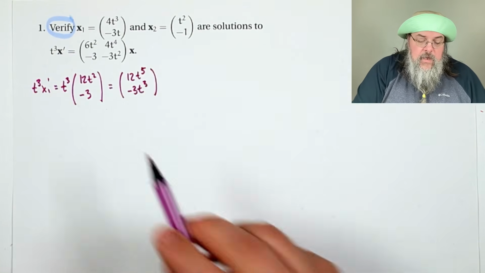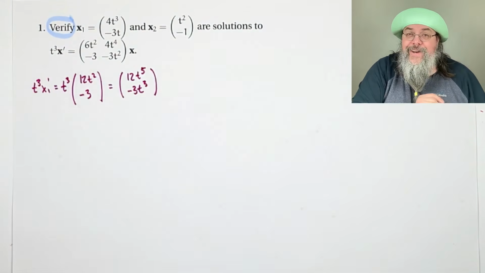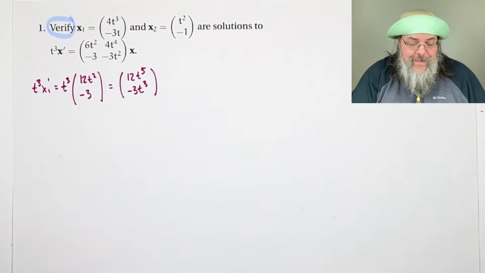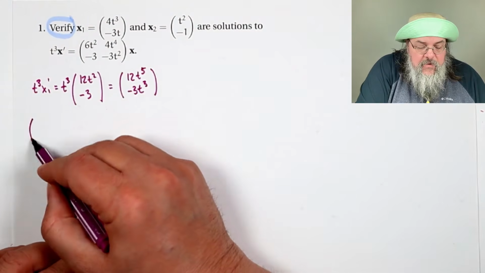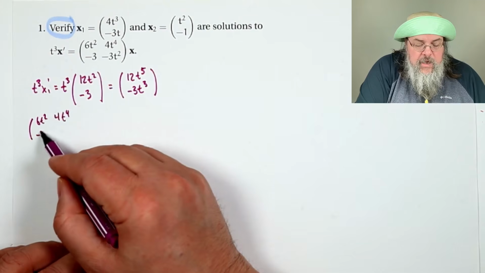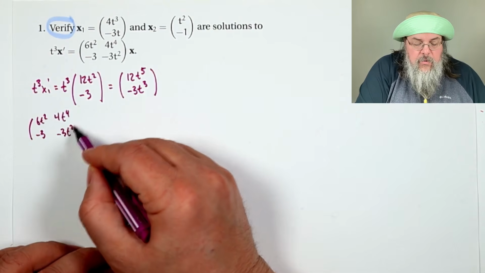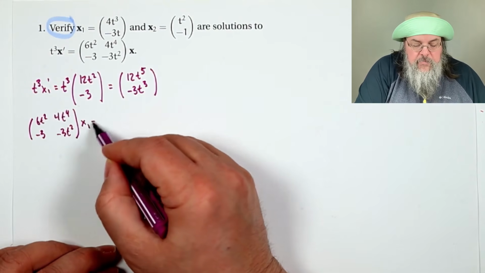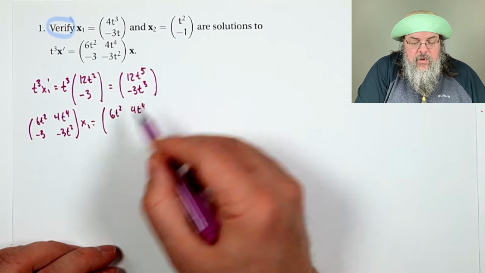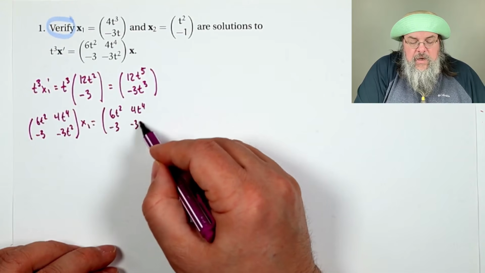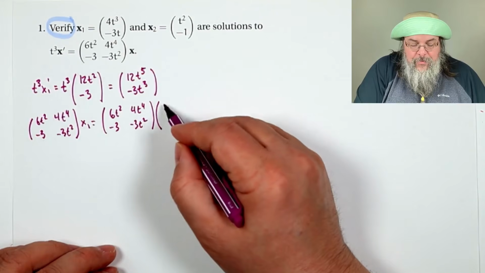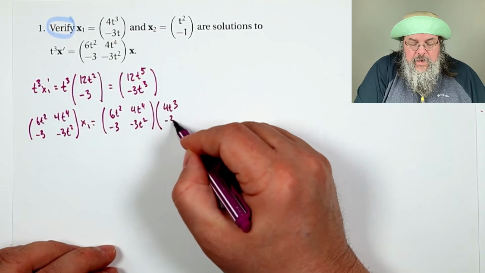All right, so that's if we plug x1 into the left-hand side. Now, repeat. Plug it into the right-hand side. So we have that 6t squared, 4t to the fourth, minus 3t squared, times x1, which is 4t cubed minus 3t.